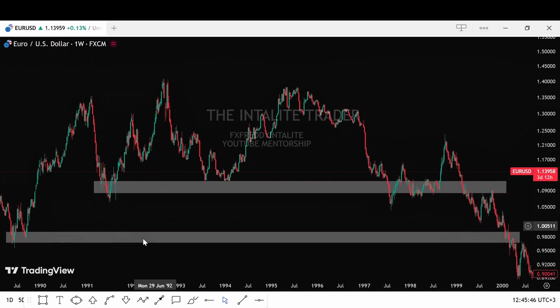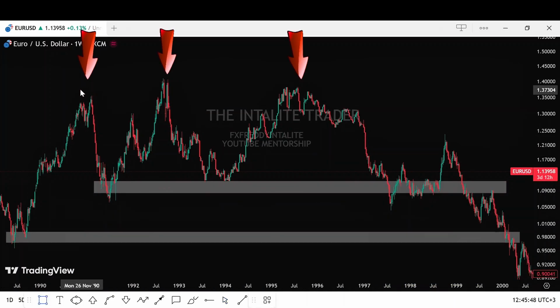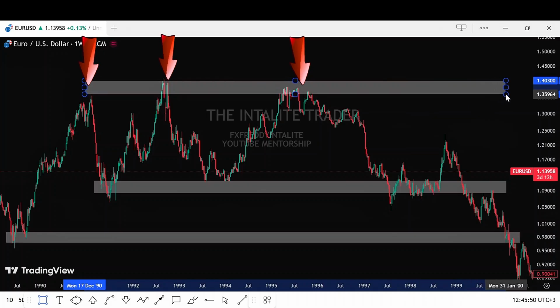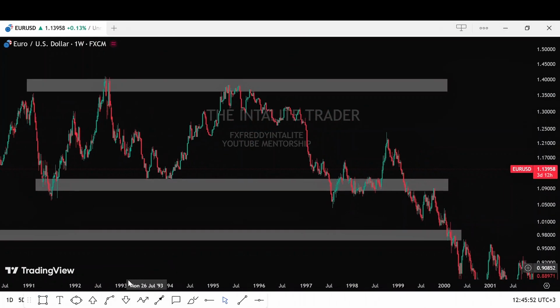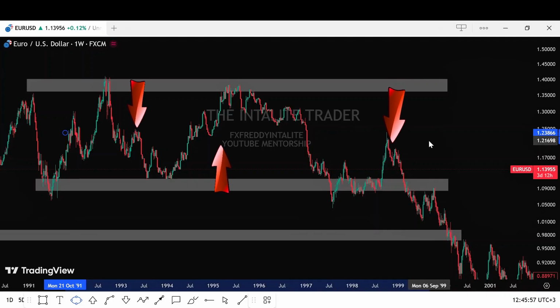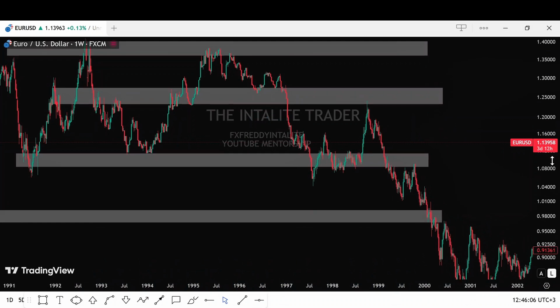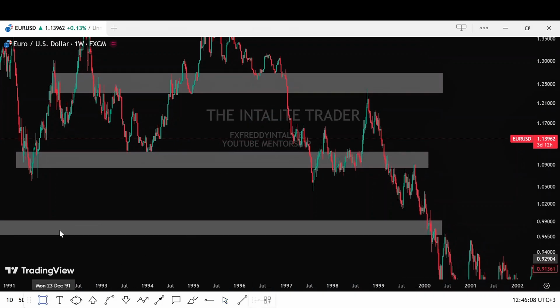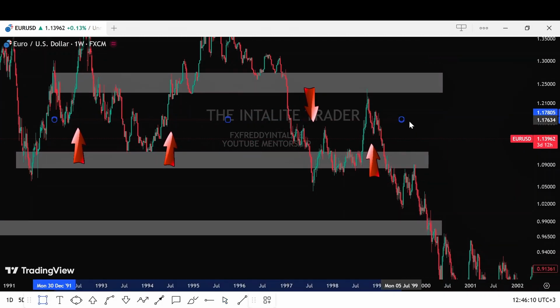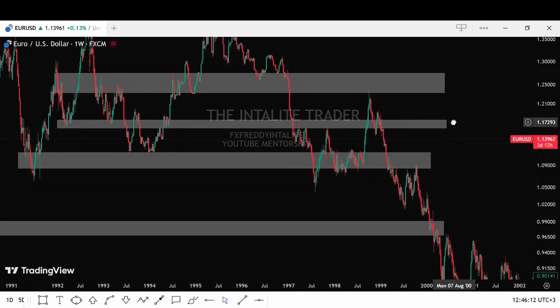And I can also easily tell that we have another level up here. And these other levels here, I can easily tell that there is another level here, this one. But you also realize there are some other levels, these ones here.